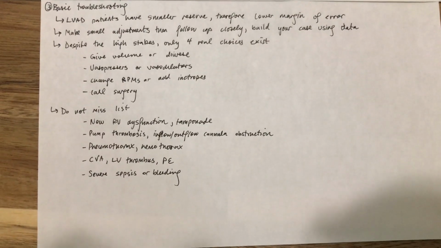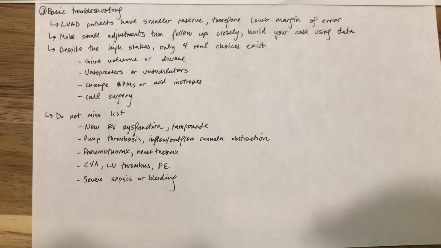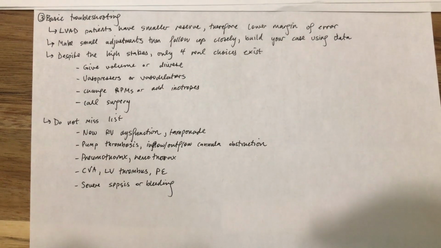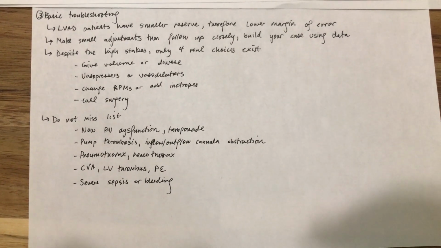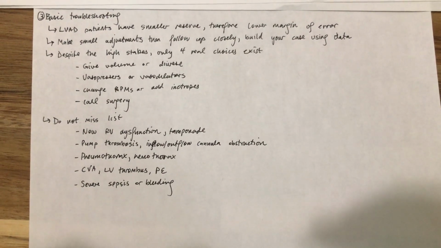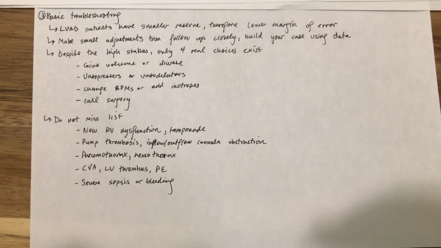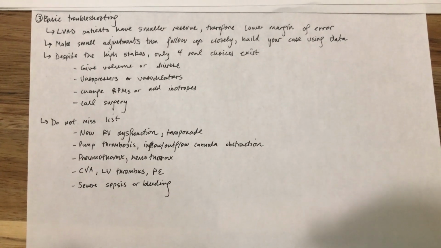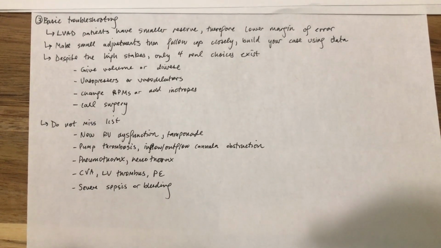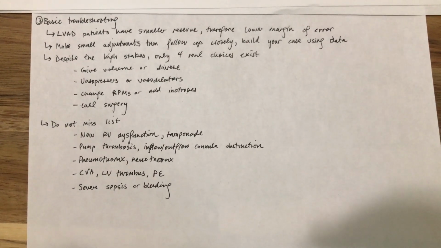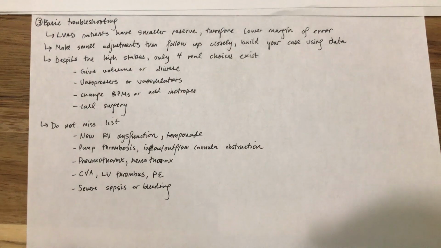That being said, I put this do not miss list early in the talk on purpose, just to point out that these are things that really need to be caught early. They cannot be missed, because these patients decompensate fast. Those things are RV dysfunction, tamponade, pump thrombosis, cannula obstruction, pneumothorax, hemothorax, stroke, LV thrombus, PE, and severe sepsis or severe bleeding.